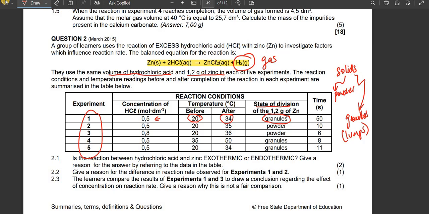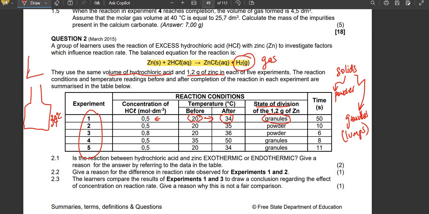So what they did there is that they increased the temperature. So this is to see that if my temperature is 20 degrees Celsius, remember, this reaction is going to be occurring inside of a beaker. So that beaker, you keep it at a temperature of 20 degrees Celsius for the first part, and then you change the temperature to 34, and then you look at the graph that you have.